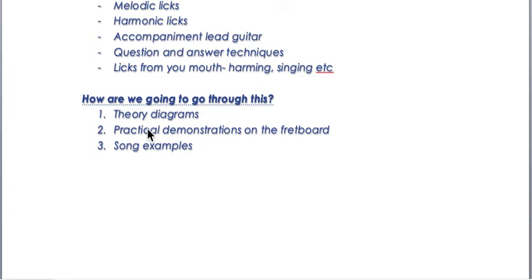Then we do some song examples, get some licks, or try to find out how we formulate licks given a piece of chord progressions running in the background, so we can demonstrate different methods of dealing with the licks. Also we're going to have some example licks to show how we play those licks, because things like techniques are quite difficult to deal with without showing them on the fretboard or on a theory diagram.